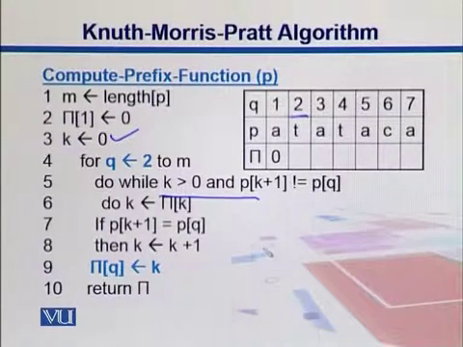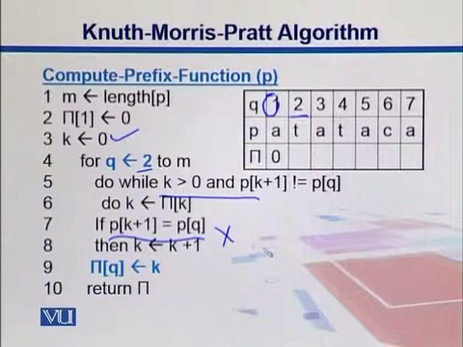Now we check P of k plus 1, which is 0 plus 1, so the first character, and we compare it with P of q. Right now q is 2, so we are comparing the first and second characters. They mismatch, so we won't go here either.